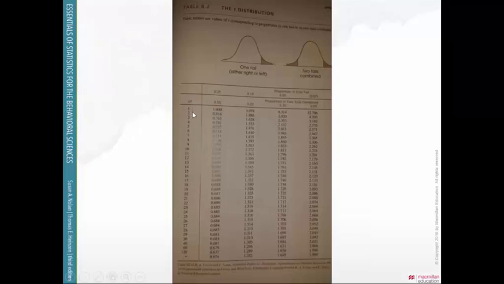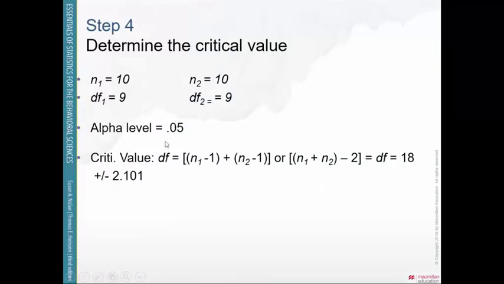So here I've got degrees of freedom of 18, proportion in 2 tails, and I'm looking at the 0.05 level. And if I bring myself around here, it looks like I'm at 2.101. Is that what I got? Yes, plus or minus 2.101.